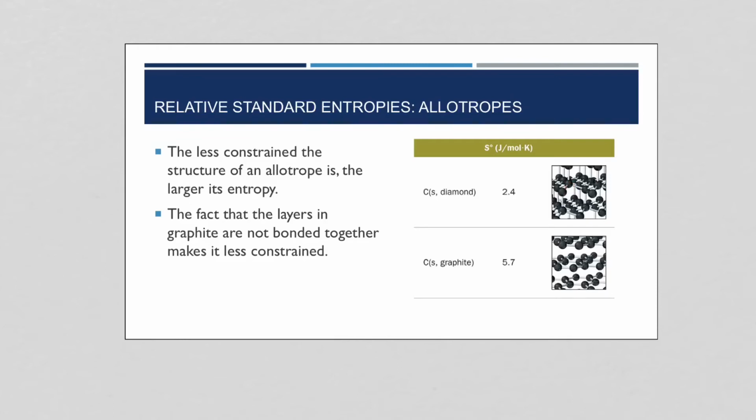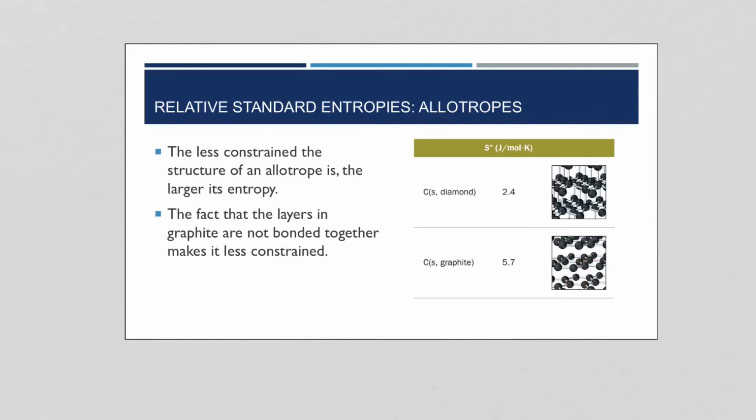Each carbon atom in diamond is covalently bonded to 4 other carbon atoms. We get a series of tetrahedrons, very ordered. Whereas graphite has 6-membered rings of carbon, but it's in sheets. Notice there's no connecting of the sheets.